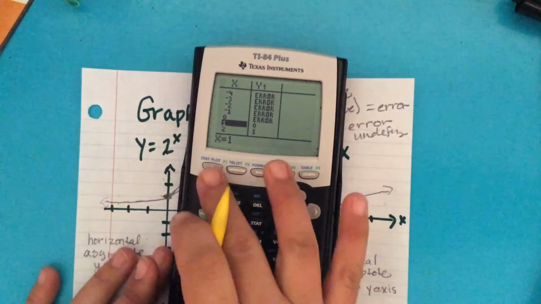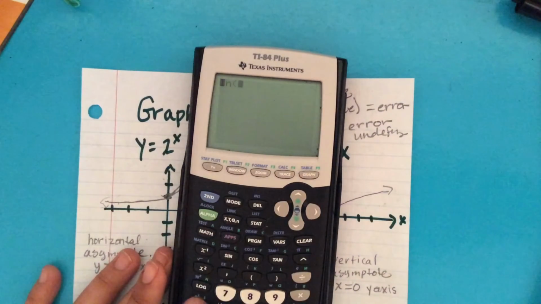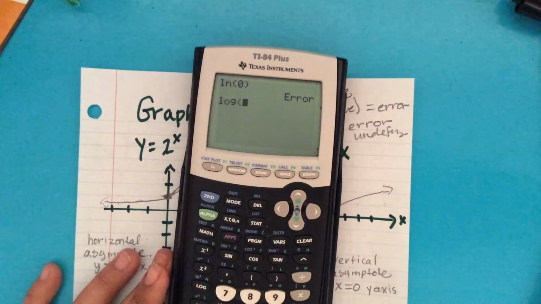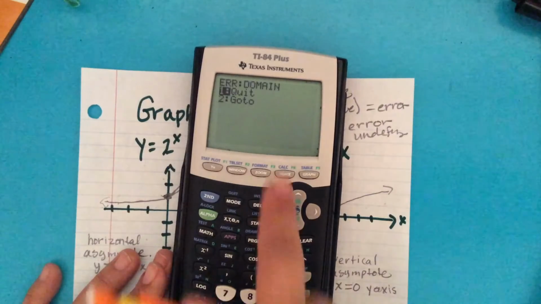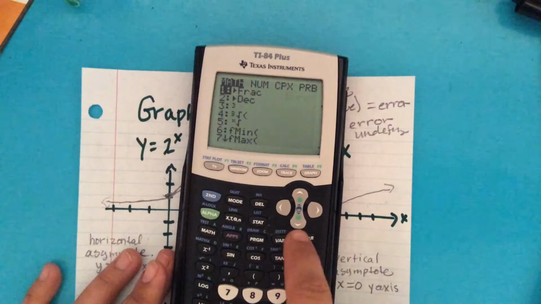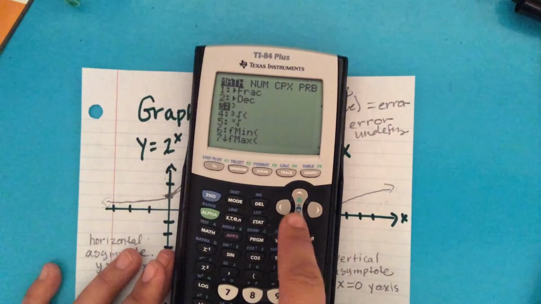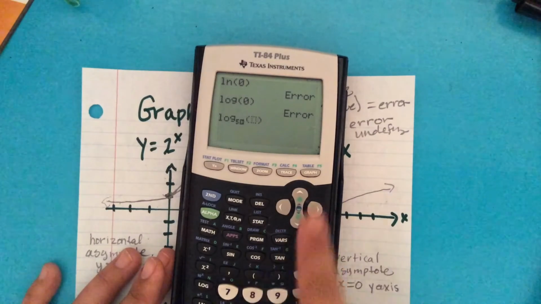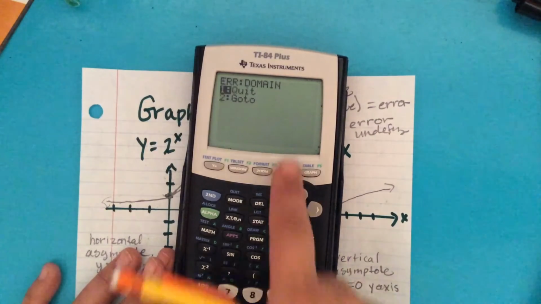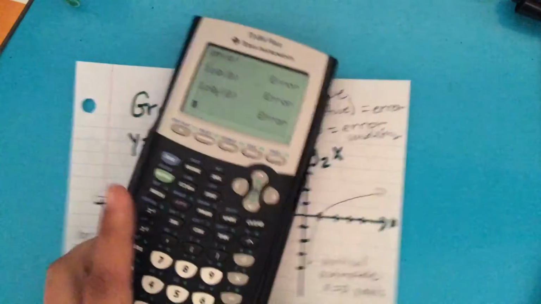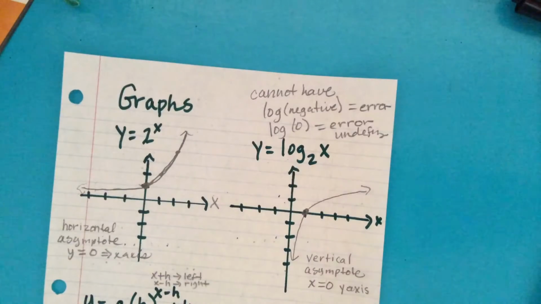If you go to the natural log of 0, that's going to be error. So log of 0 is error as well. Or if you do any base, like log base 5 of 0, that's still an error. So please make sure that you can't have a 0 or a negative number.